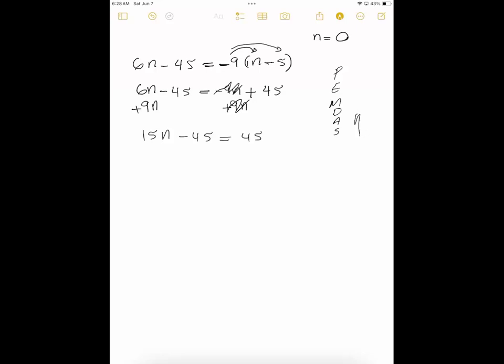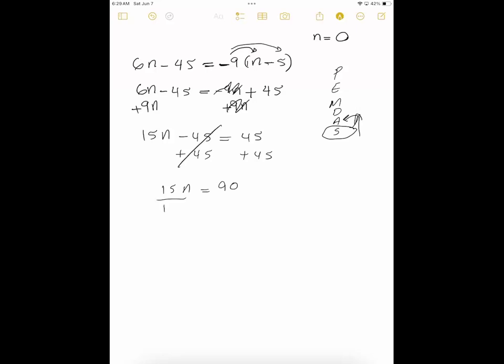You have to go this way, look to see if something is being subtracted. Yes, 45 is being subtracted from n. Opposite of subtraction is addition. We add 45 to both sides because you want your numbers to end up on one side, your n to be isolated. So 15n is equal to 45 plus 45 is 90.